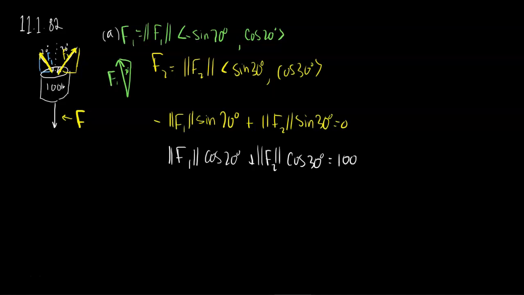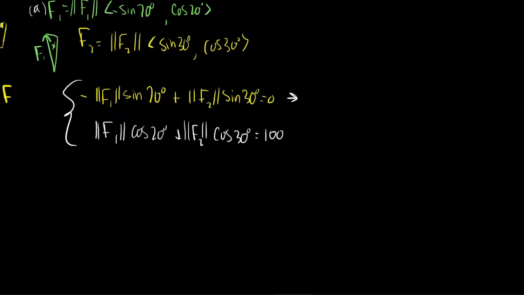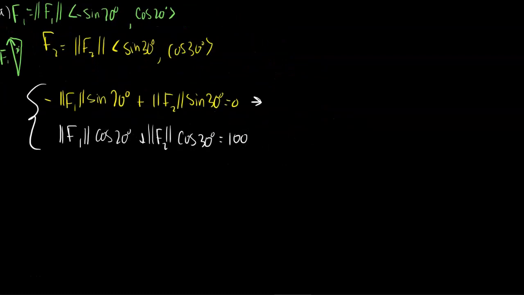Great, so let's just go ahead and go about solving this system of equations. We could do it in a couple different ways. What I'm going to do is do it by substitution. So the top equation very quickly turns into F1 is equal to the size of F2 times sine of 30 divided by sine of 20.